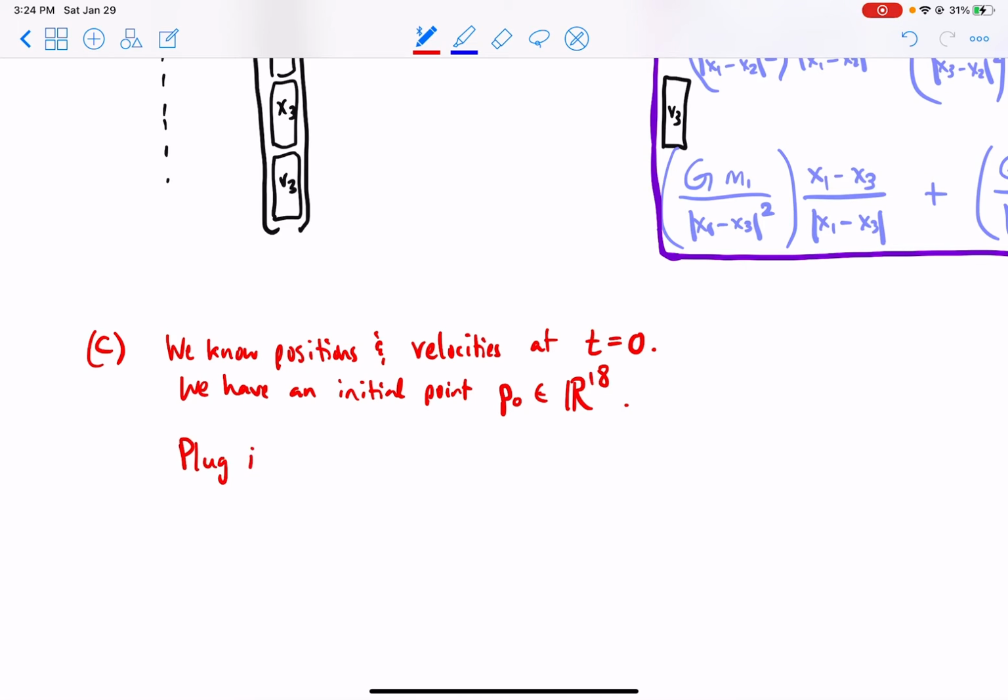Plug into our vector field to get a vector. Let's call it V. No, V is bad. How about M? M is bad because these were masses. Oh, to get a vector, how about Q? Q in R18.